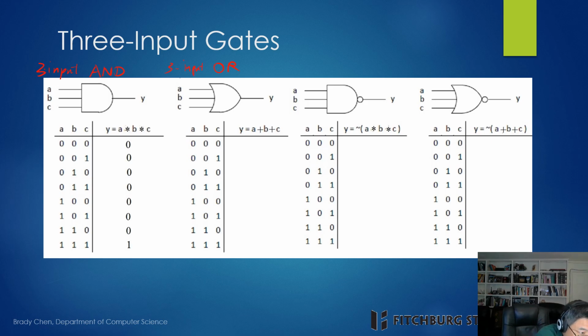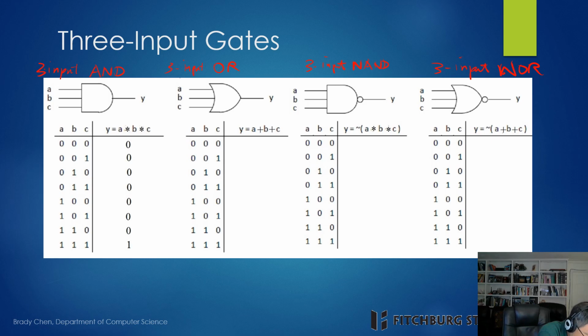So this is actually the 3 input NAND gate and the 3 input NOR gate. Okay. So the table is built here.